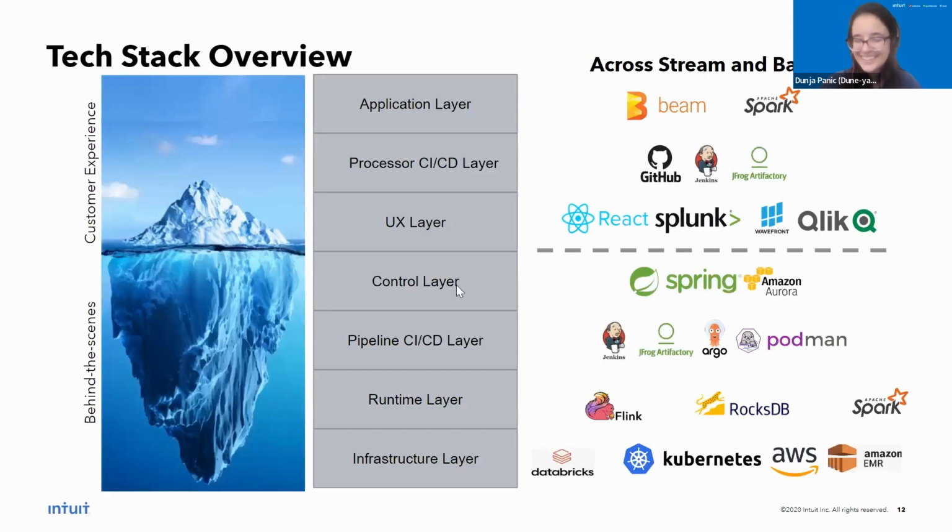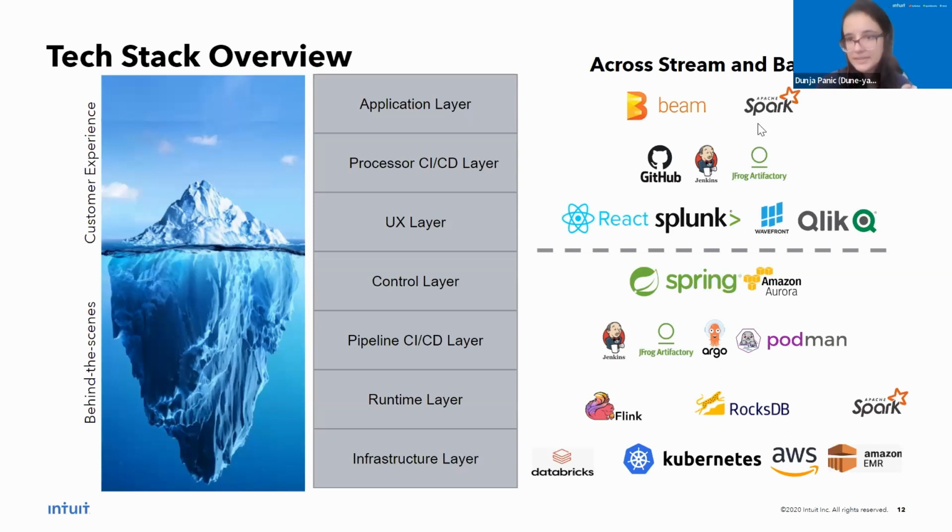In case you're curious what the tech stack looks like, there are a number of technologies to make sure that everything is running and functioning the way it should. In terms of what the customer sees and interacts with, there's GitHub to write their code, and we offer tools so that they can monitor the health of their applications and also debug, like Wavefront and Splunk.